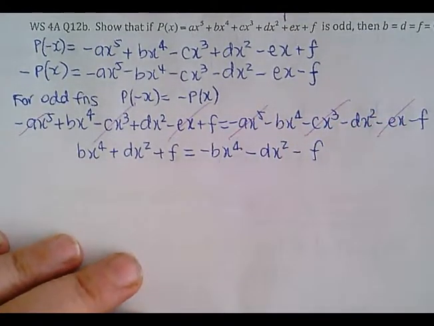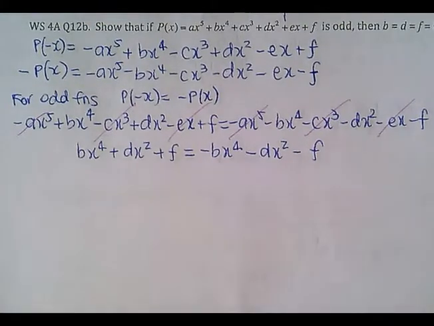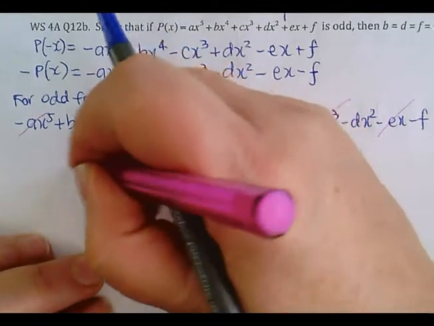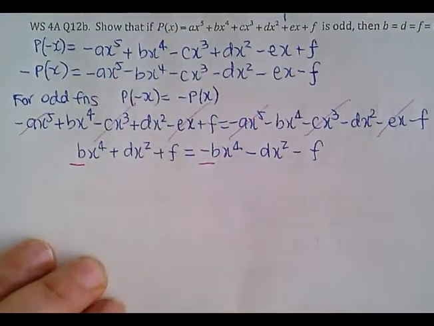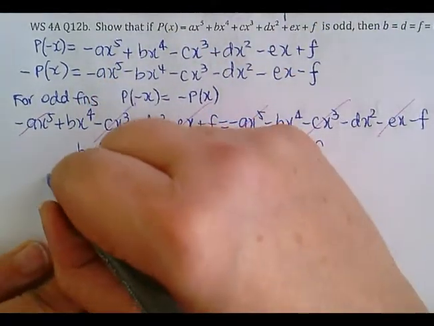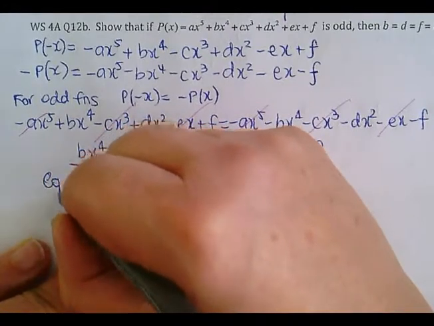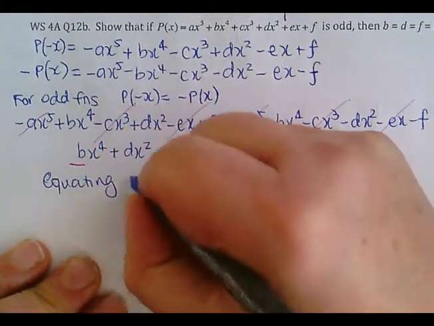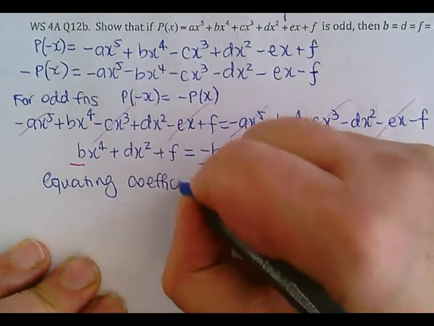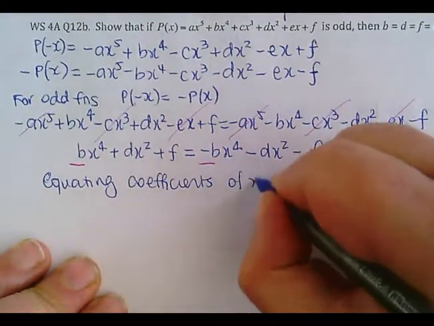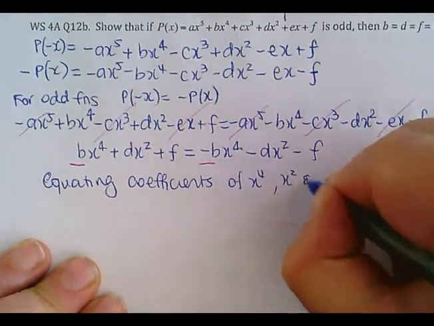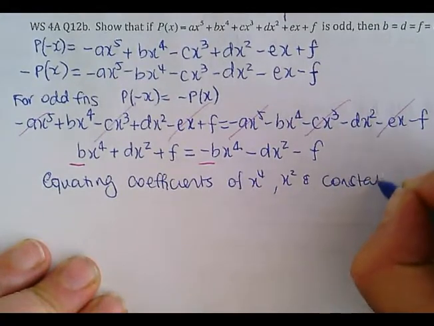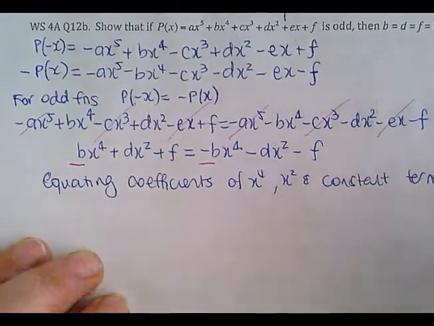Now, the only way that this left-hand side is going to equal the right-hand side is by comparing the coefficients of each term. So, equating coefficients of the x to the 4, x squared, and constant terms. So we're equating coefficients of everything.